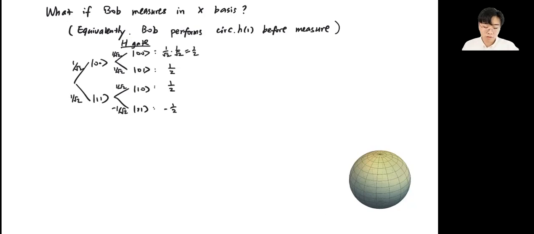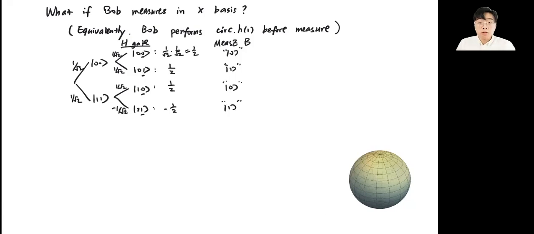Okay, now let's see what if we perform a measurement along the z-axis for Bob. Bob will read out 0 in the first case, and 1 for the second, 0 for the third, and 1 for the fourth.